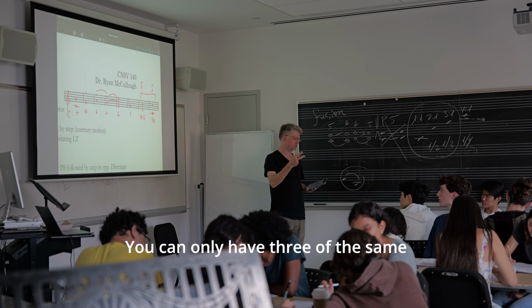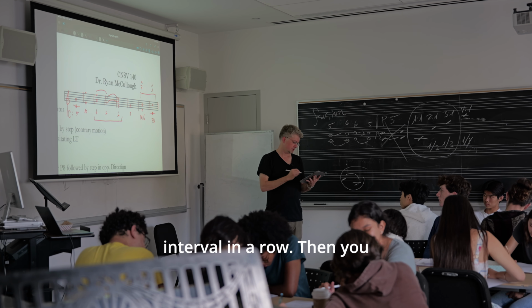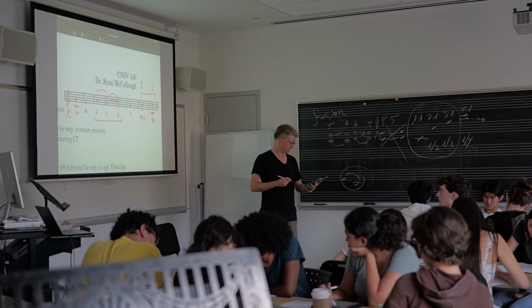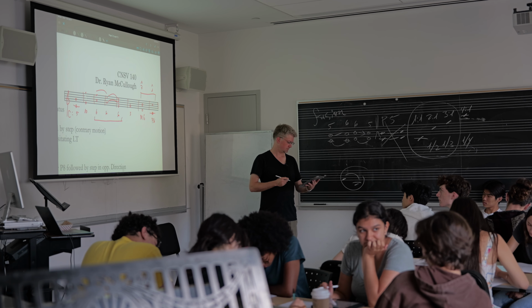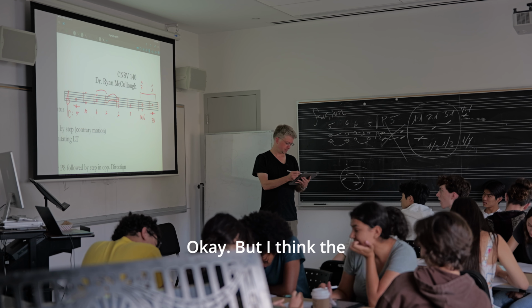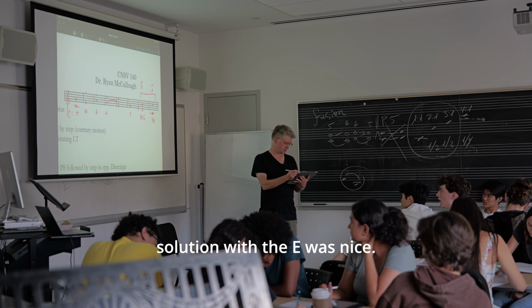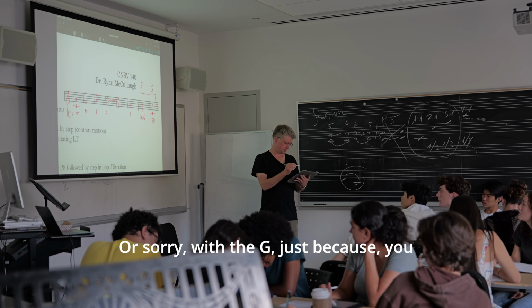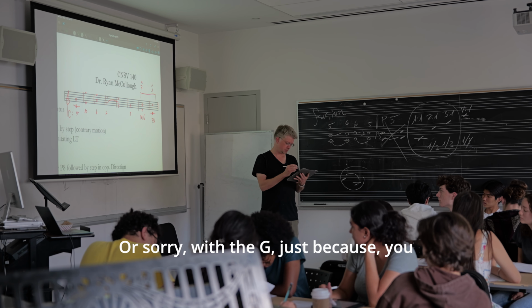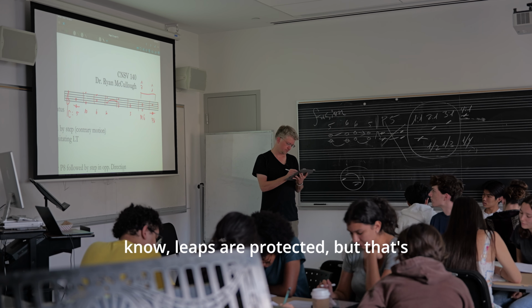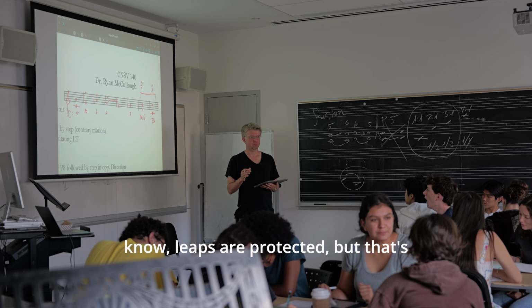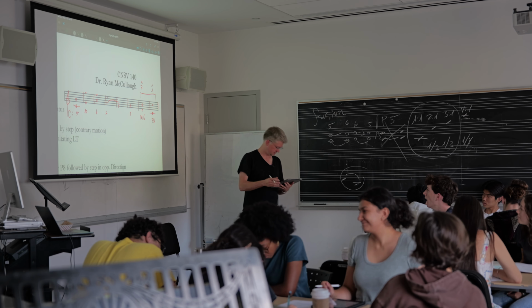You can only have 3 of the same interval in a row, then you have to do something else. Okay? But I think the solution with the E was nice. Or sorry, with the G, just because, you know, leaps are protected, but that's because they're fun.